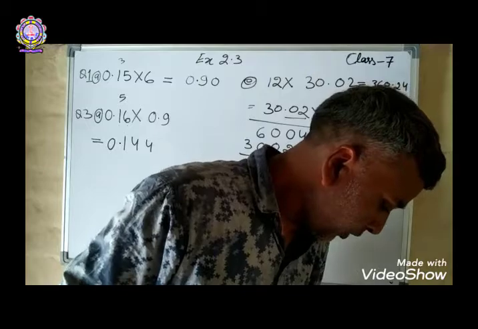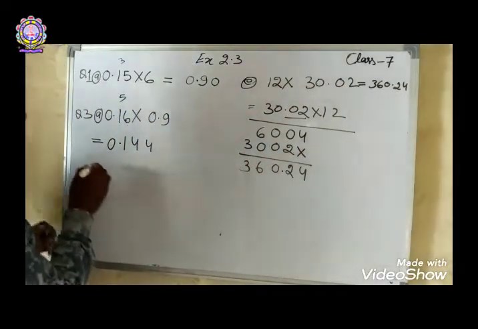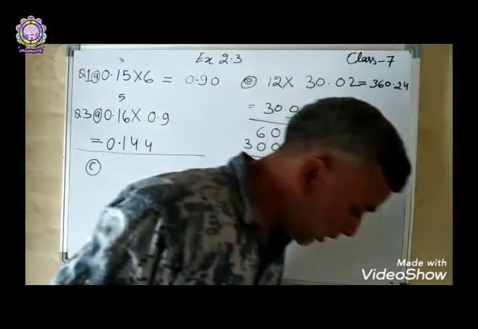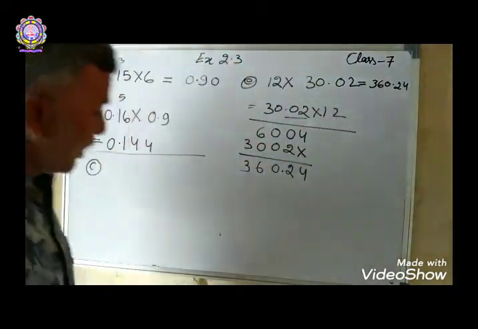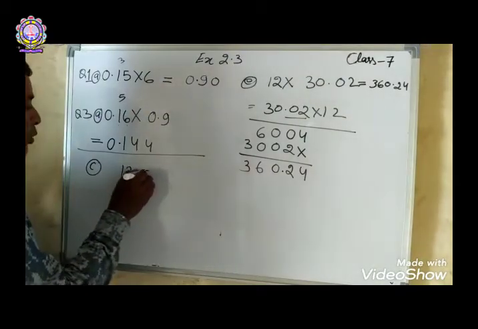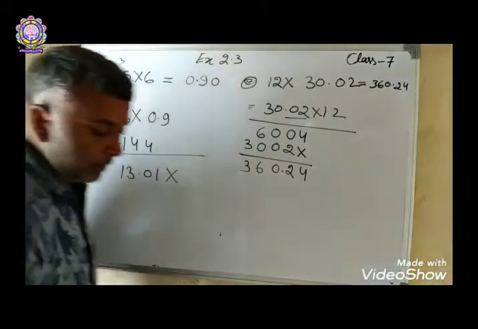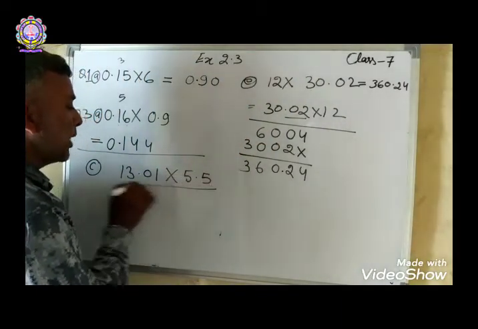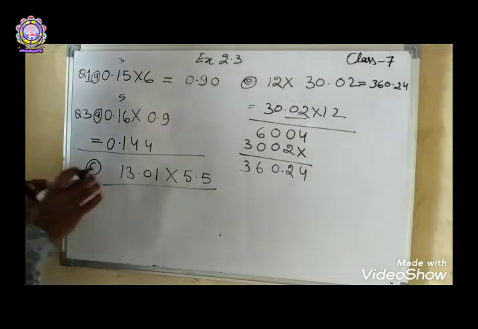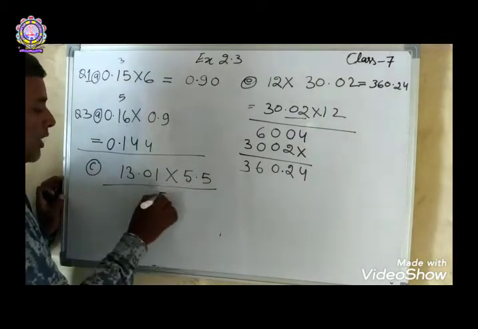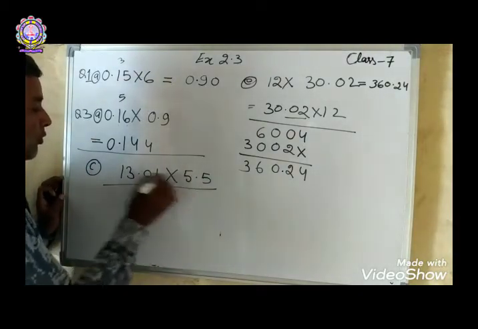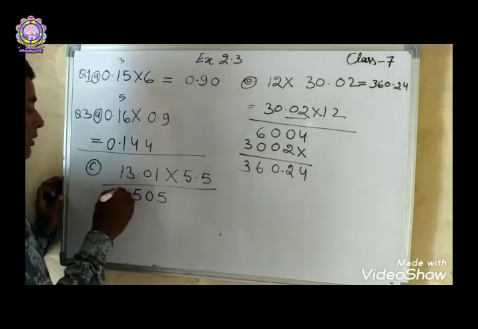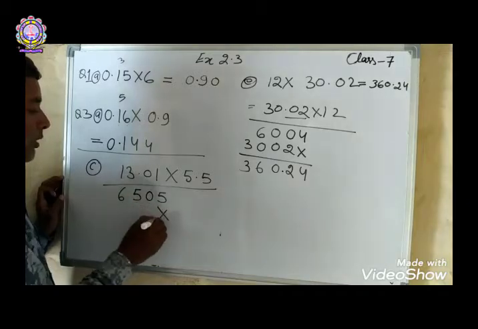Now question C. You observe the C part. 13.01 multiplied by 5.5. So we multiply as usual. 5 1s are 5, 5 0s are 0, 5 3s are 15, 1 carry, 5 1s are 5, 6.